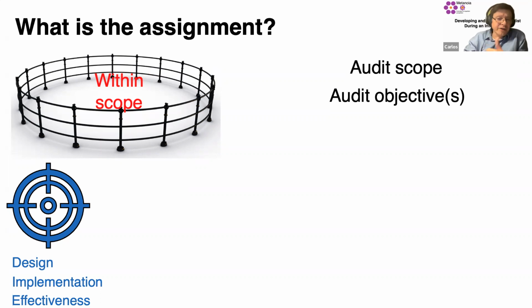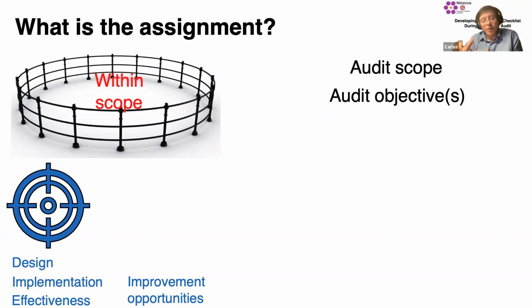Is it delivering a performance level according to what is expected? And the final one may be, are there any opportunities for improvement? So, when your system is very young, the question about design is more relevant. When you are implementing your system, the conformance question is more important. But as the system matures, the question about effectiveness becomes increasingly relevant.